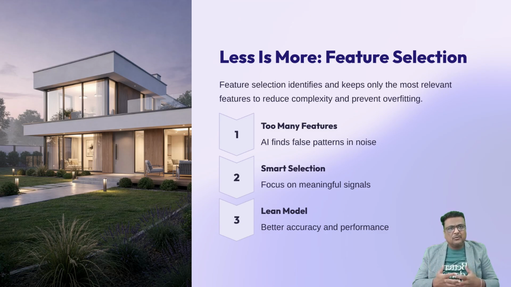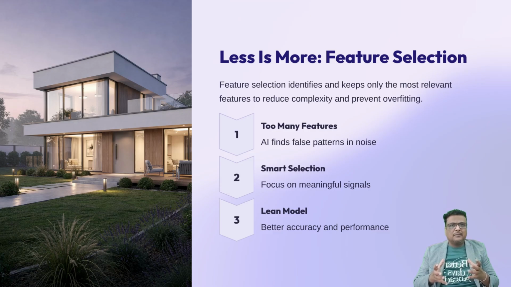I like to tell the story of a team I coached that was trying to predict house prices. They included features like the color of the front door and the name of the mailman. Now, maybe in one or two cases, a blue door sold for more, but that's just a coincidence. The AI started thinking blue doors were a rule for high prices. That's noise, not a signal.